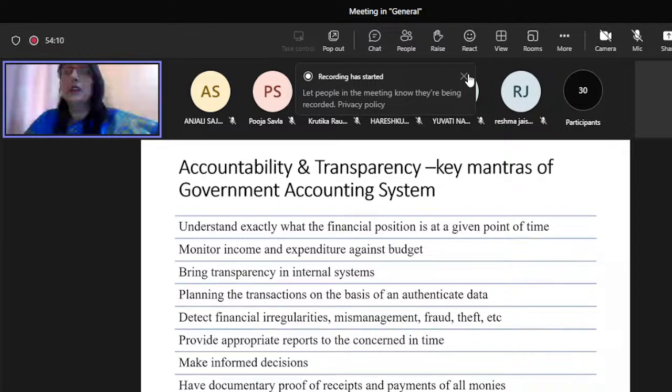I think it should become mandatory, like we have to submit the audited financial statement to the ROC every year. It should become mandatory for the different cities, the urban local bodies and councils, to submit it on time, and they should follow the deadline. They need to have all the documentary proof of receipts and payments. Otherwise, it becomes very difficult to audit.